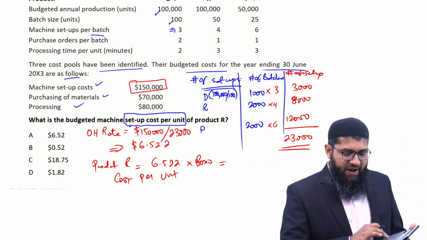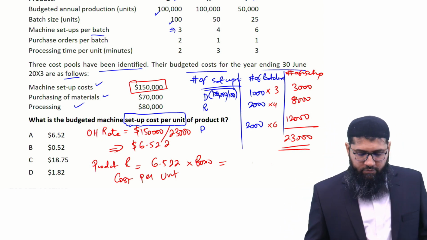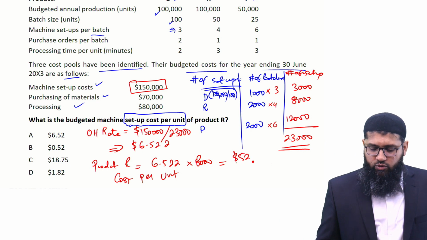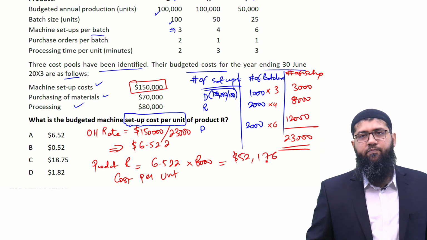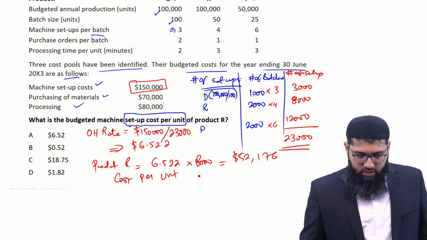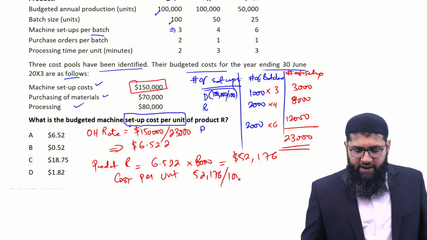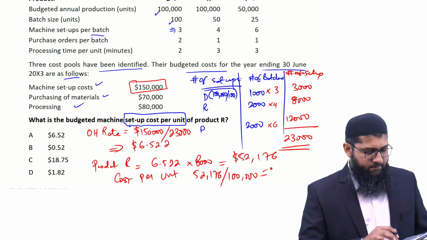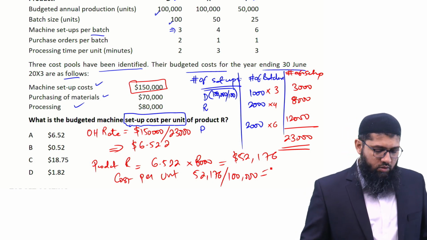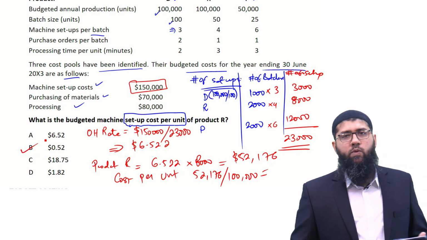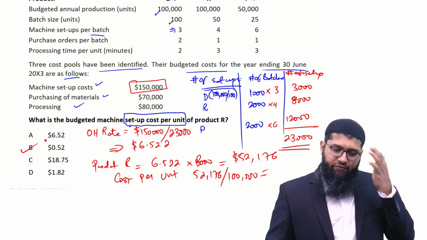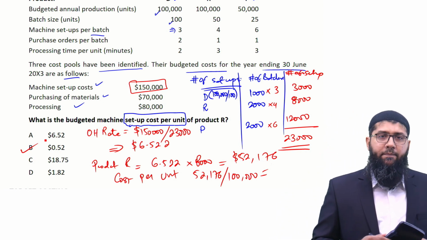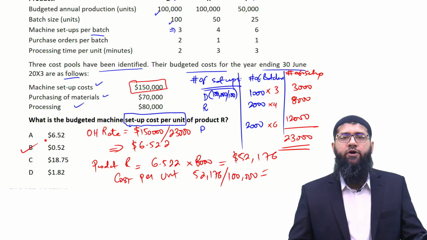So it's 6.522 multiplied by 8,000 gives you 52,176. 52,176 divided by 100,000 units is going to be 0.52176 $. So 0.52 is gonna be your budgeted setup cost per unit of product R.